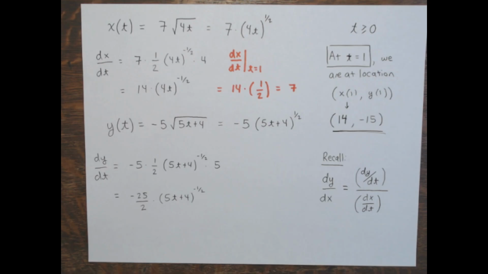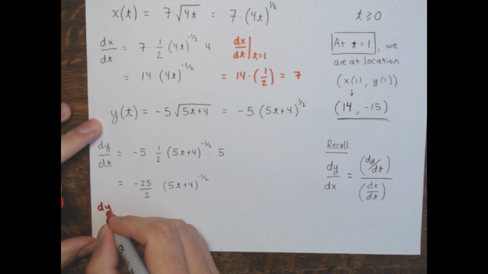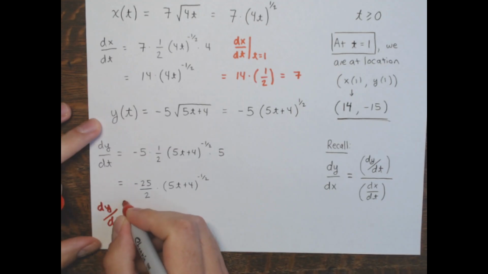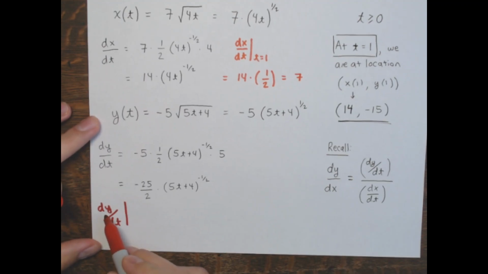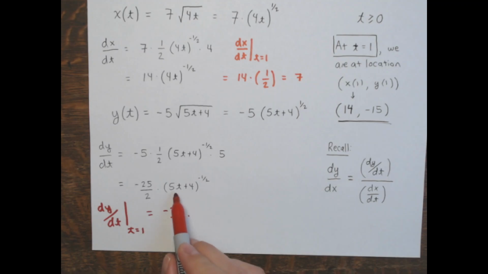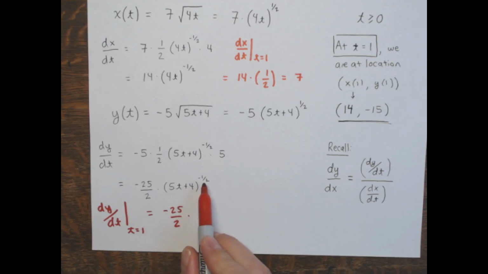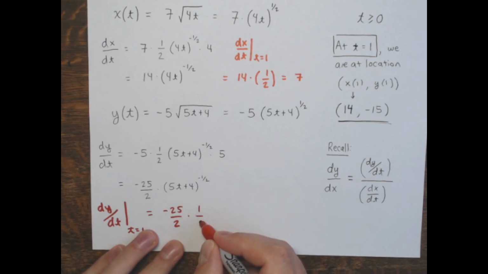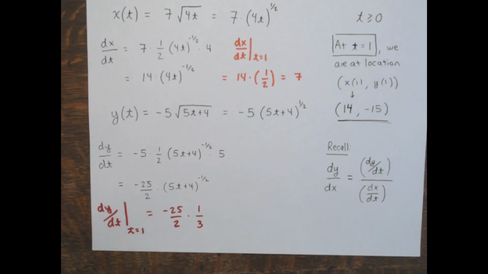Okay, and then I'm doing the same for dy over dt. The y prime, or derivative of y with respect to t at t equals 1, is this expression here. So negative 25 halves times, and then 5 times 1 plus 4, that's 9. 9 to the negative half power is 1/3, because 9 to the half power is 3.